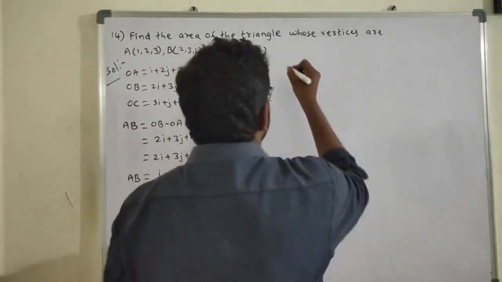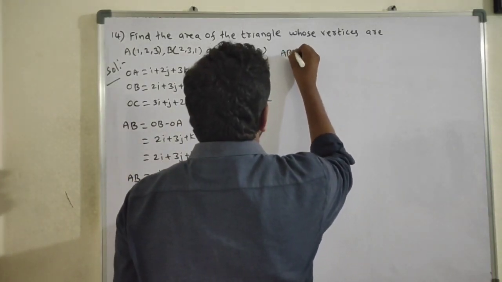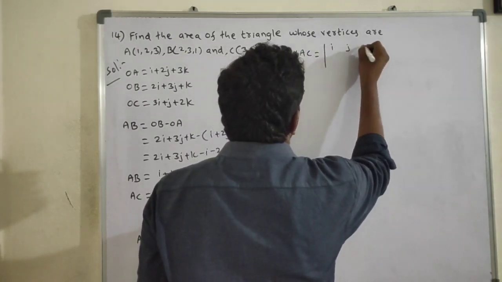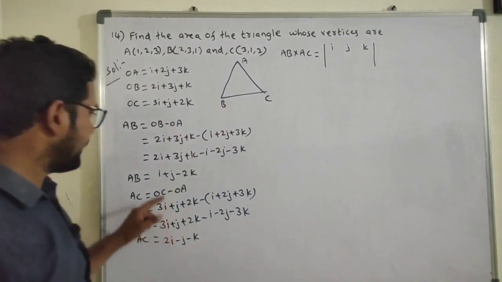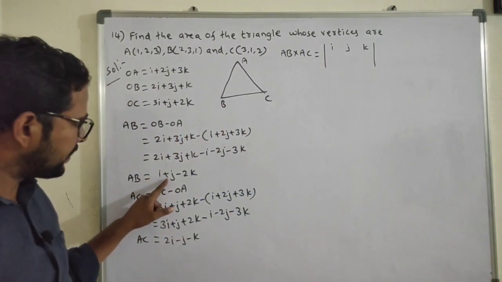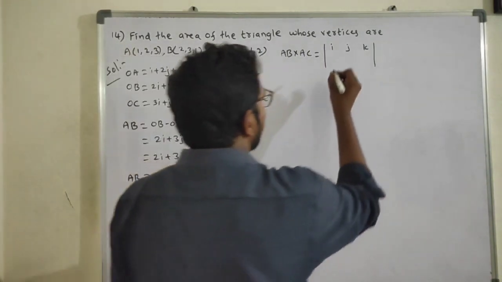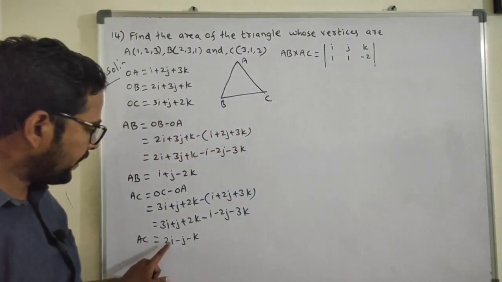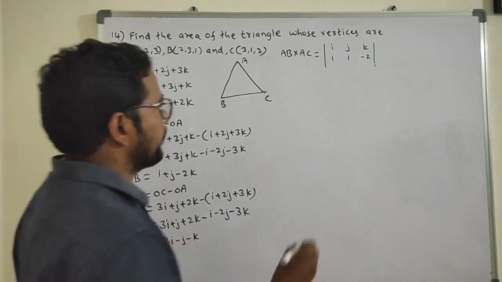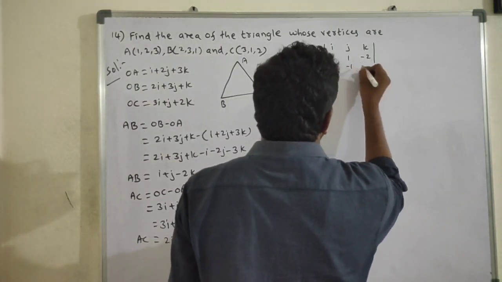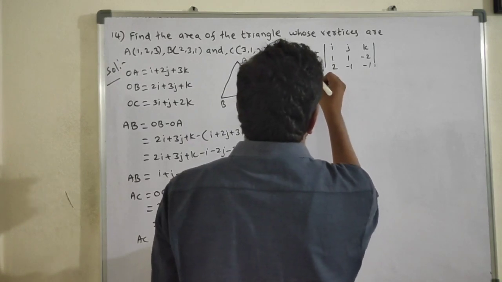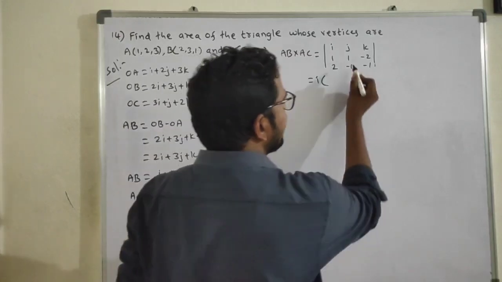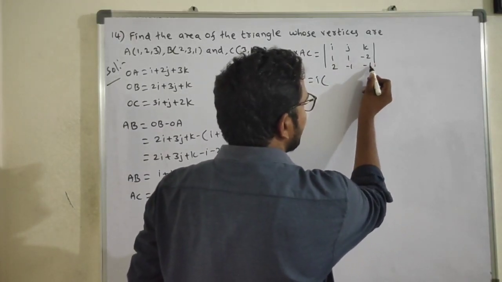Now find AB cross AC. AB cross AC is equal to the determinant of i, j, k. From AB vector: i coefficient 1, j coefficient 1, k coefficient minus 2. From AC: i coefficient 2, j coefficient minus 1, k coefficient minus 1. Now expand the determinant. i lies in the first row, first column. Delete this row and column, the remaining is 1, minus 2, minus 1, minus 1.